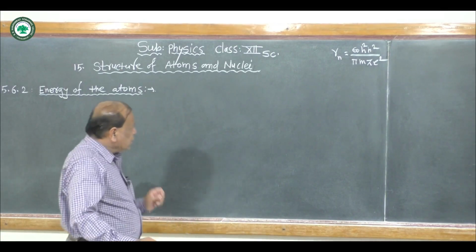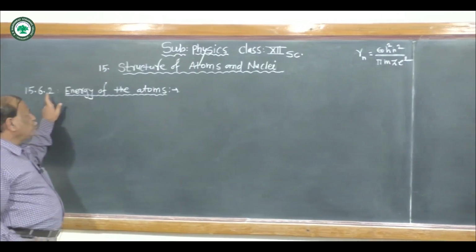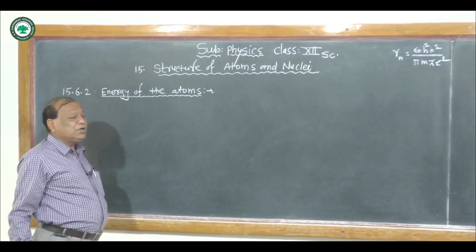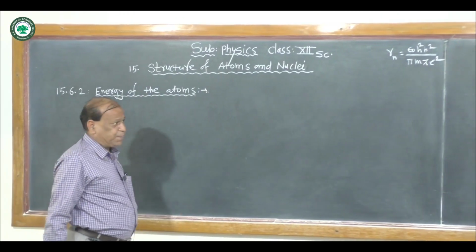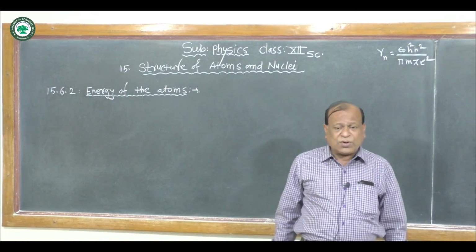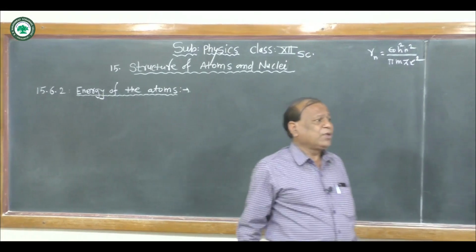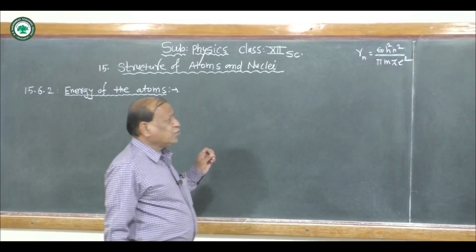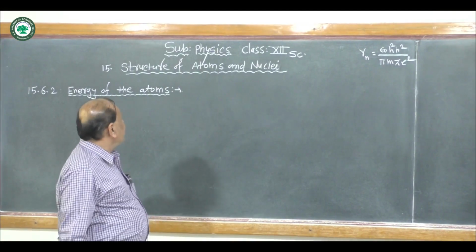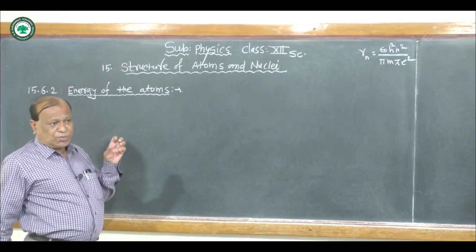Now today we are going to a new article, 15.6.2, energy of the Bohr's atom. When an electron revolves in a circular orbit around the nucleus of an atom, we have to find the energy of that electron.